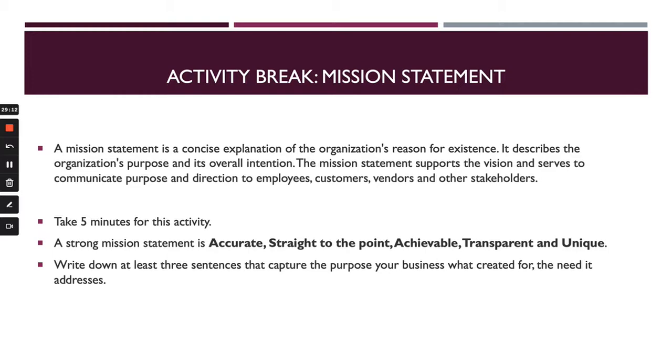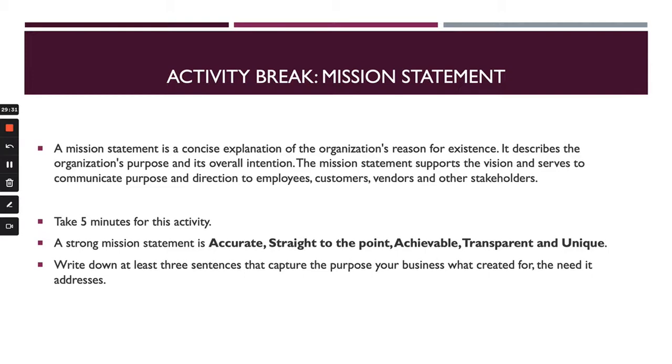Your mission statement must be transparent and should be unique, should be different from every other school, different from every other company, different from every other organization. What makes your business, what makes you, is what your mission statement should accomplish.